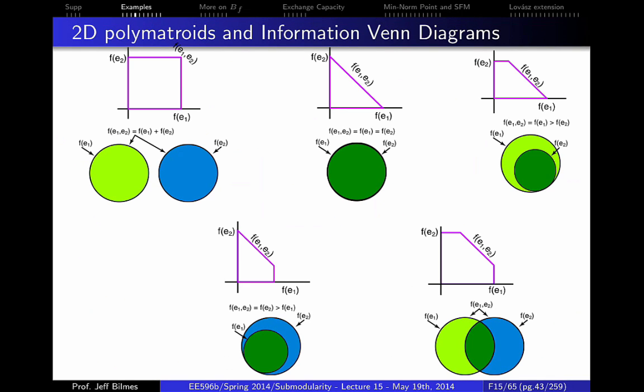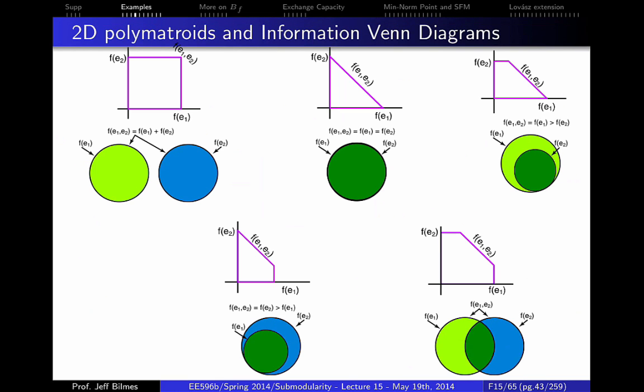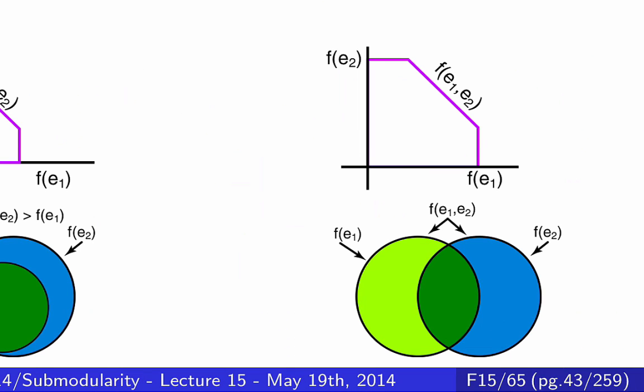And in fact, the condition goes even further. Everyone is presumably familiar with Venn diagrams. So here I'm putting a corresponding figure between the polytope and the Venn diagrams that you often use in information theory.